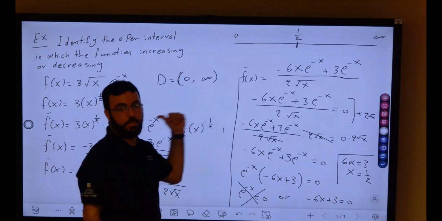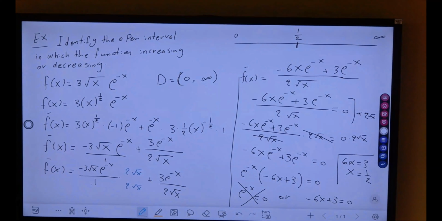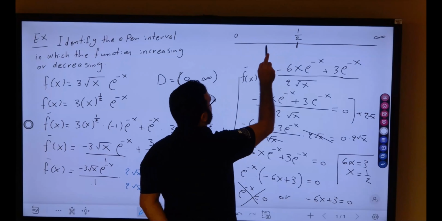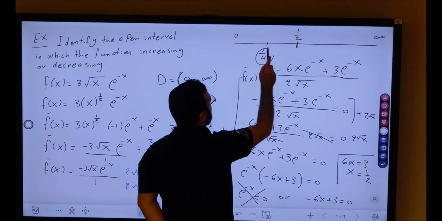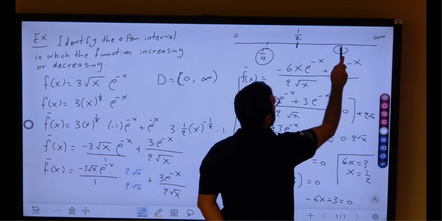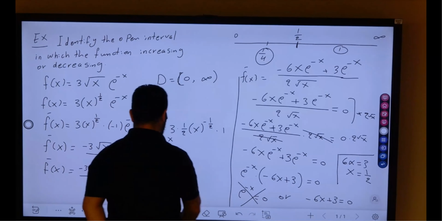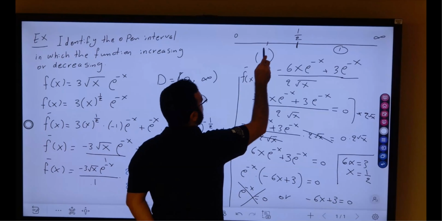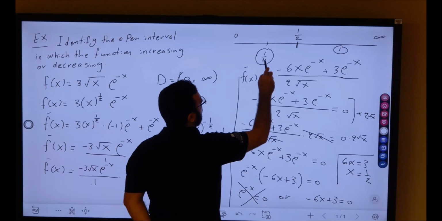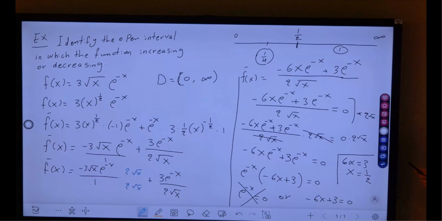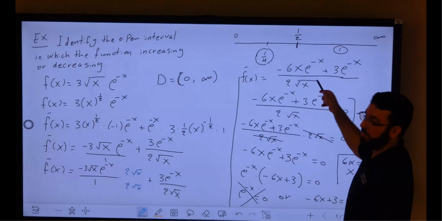Now check the previous example. How many tests do we have to do? 4. So now you're going to choose a number here, which is 1/4. And you're going to choose a number here, 1. Go ahead, plug in these two numbers. Tell me how much it's going to be. Where are you going to plug in these two numbers? The derivative, which is where? Here.